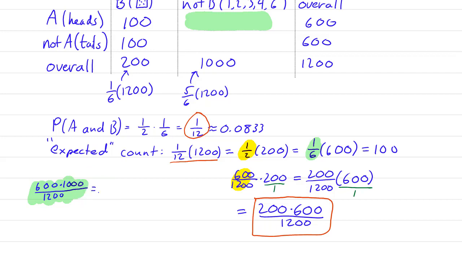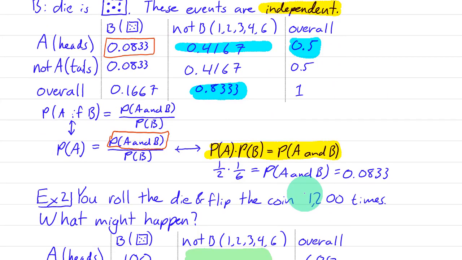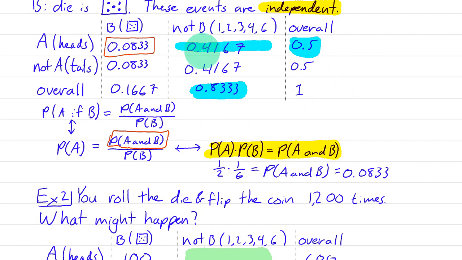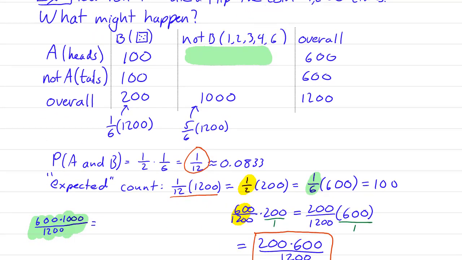That's going to end up being the same thing as if you do, well, let's see, what is the probability of this thing happening? It was 0.4167, which is also known as 5/12. So if you do 5/12 times the total, it should come out to the same thing.